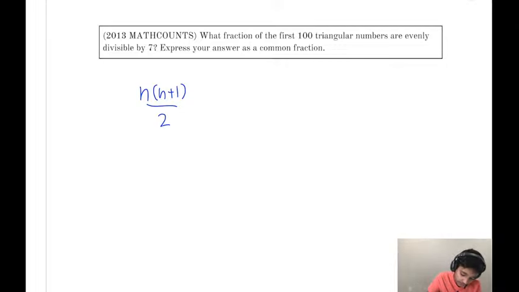So the idea here is that in order for this to be a multiple of 7, we must have factors of 7 in these numbers.